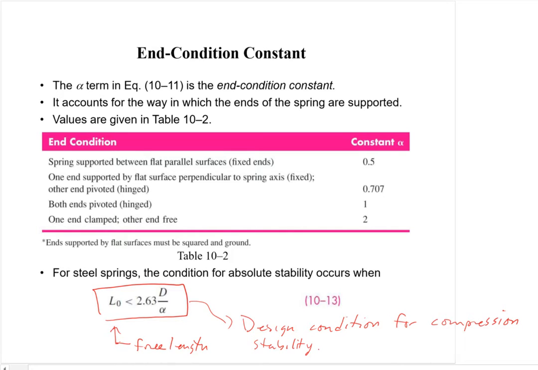If you don't want to use a guide rod or a guide sleeve and you have a compression spring and you want to make sure that it doesn't buckle, you have to keep the free length less than 2.63 times the coil diameter, nominal diameter, divided by the end condition constant alpha.